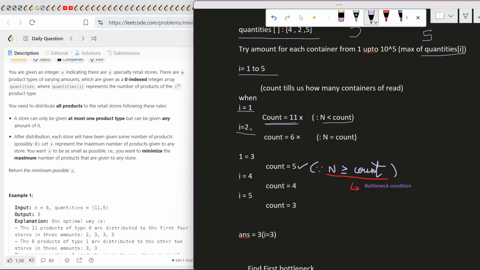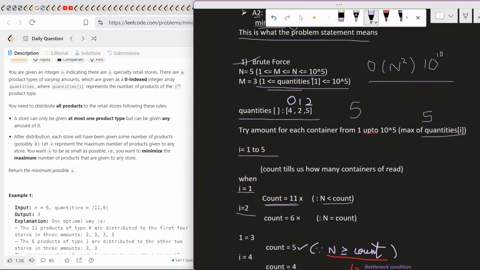i equals 2. We would require 6 containers: 2, 2, 1, 2, 2, 1.